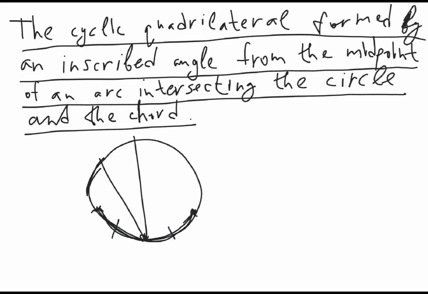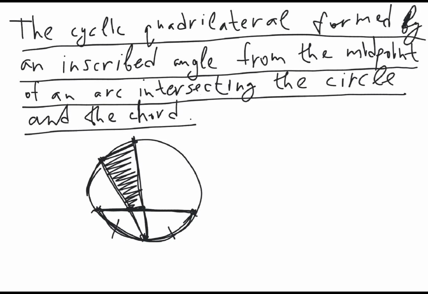So then we have an inscribed angle, like an arbitrary inscribed angle from this midpoint, so something like this. And then we have this chord for this arc, and this inscribed angle intersects the circle at these 2 points, and intersects this chord at these 2 points. So basically this quadrilateral is cyclic.